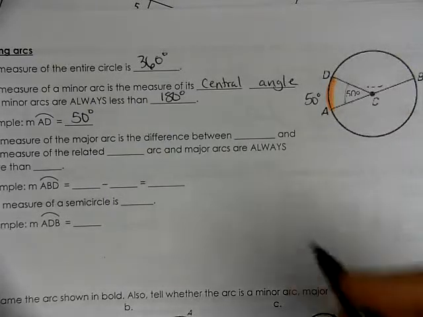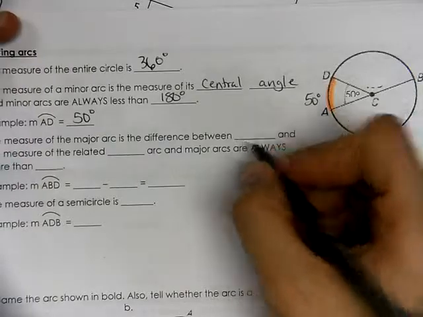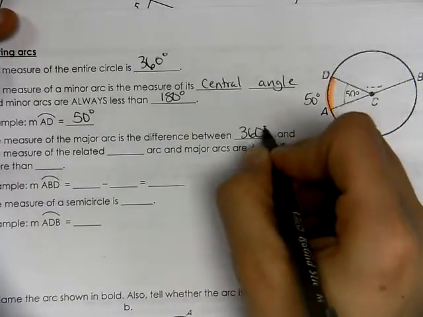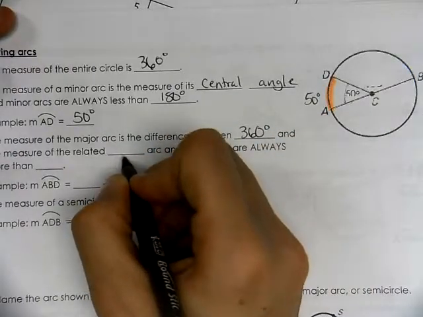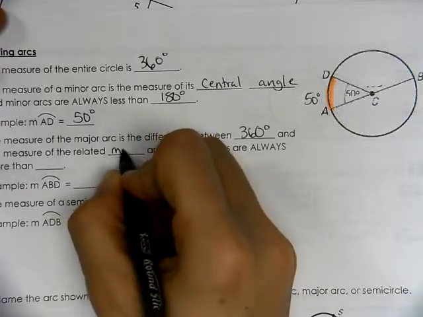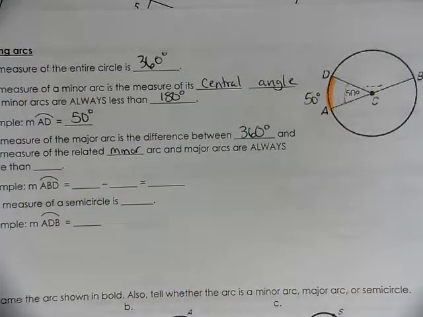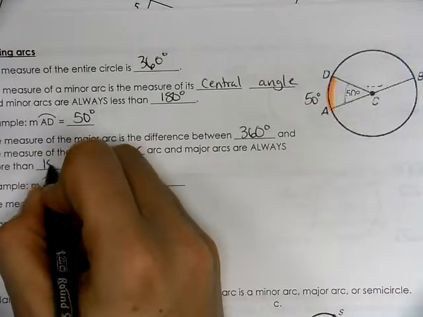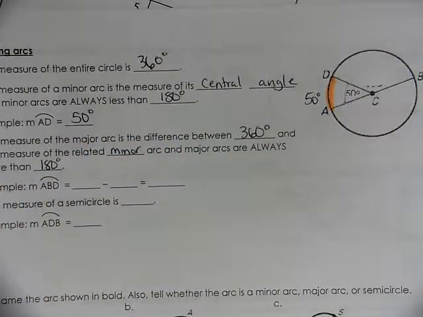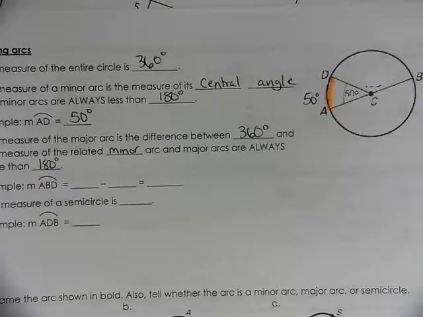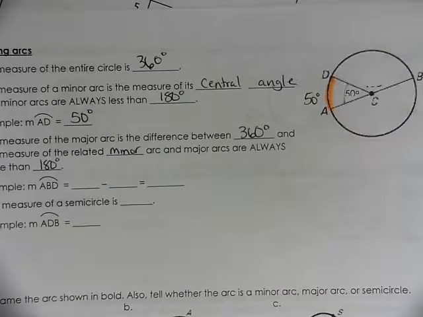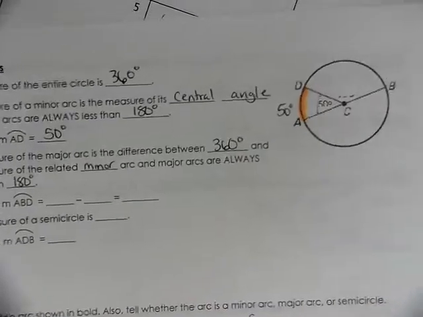A major arc is the difference between 360 degrees and its related minor arc. Major arcs are always more than 180 degrees. So if I'm looking at my circle there and I want the measure of arc ABD, you go in order.